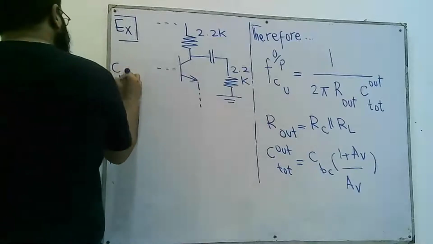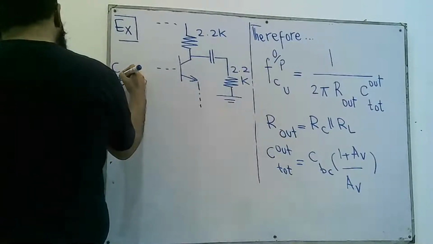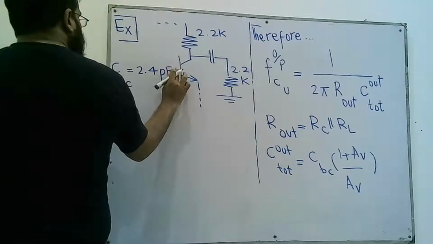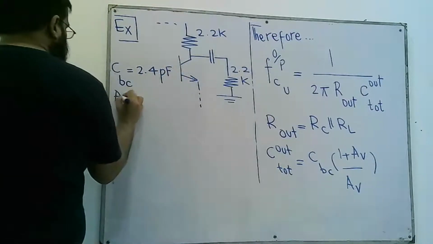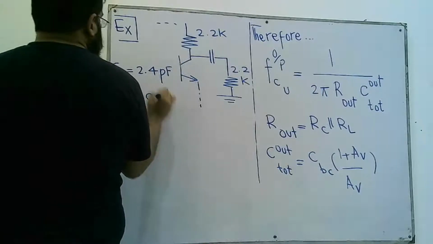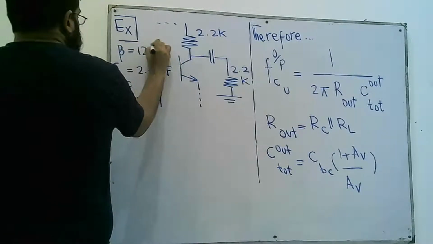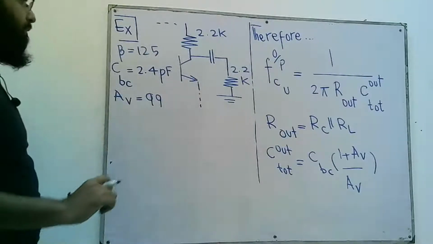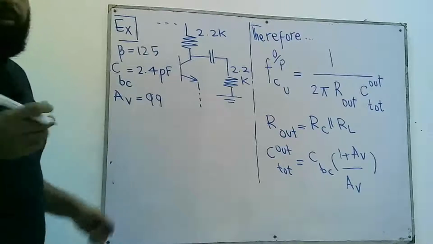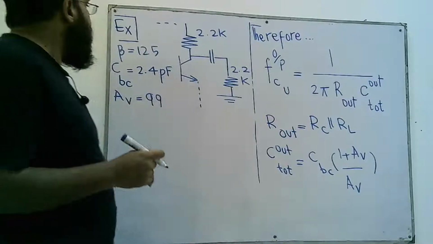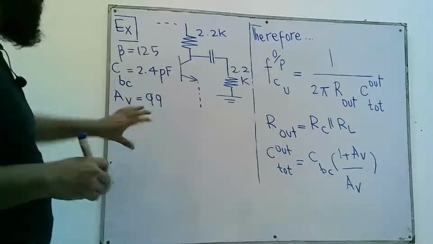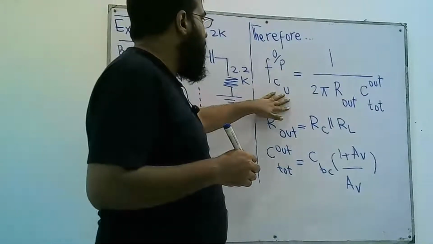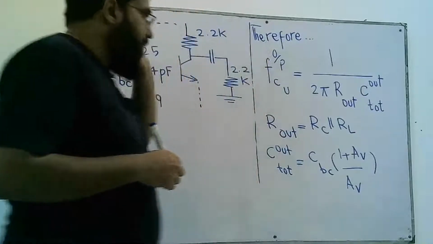Whereas CBC is given to be 2.4 picofarad, AV is 99, and beta is 125. The same data given in our last lecture, the example we solved in our last lecture. So given this data, given this circuit, we have to find this upper cutoff frequency due to the output network.